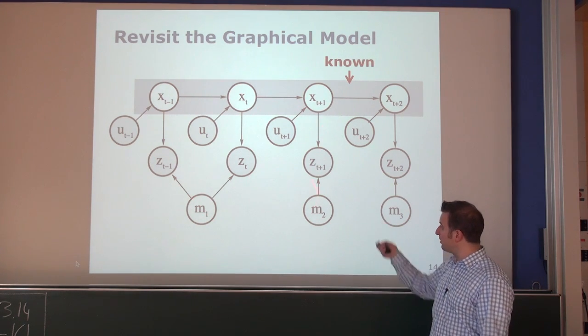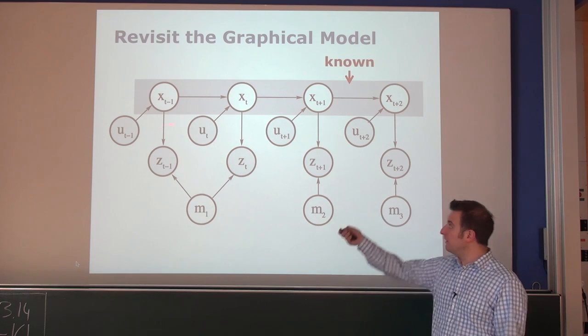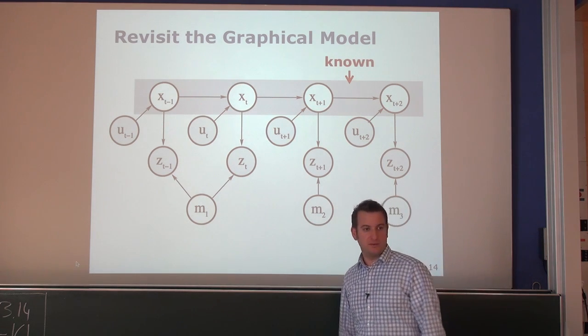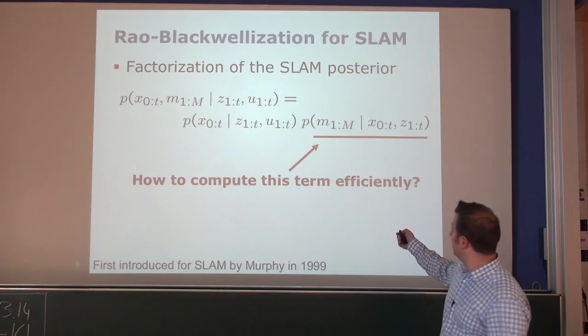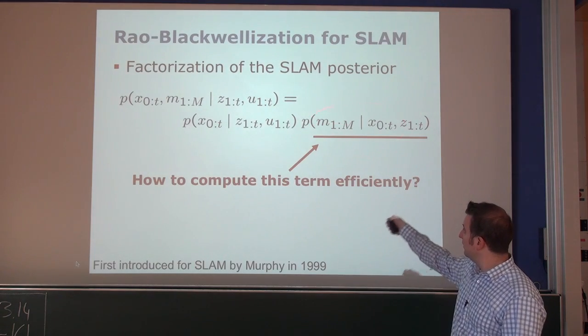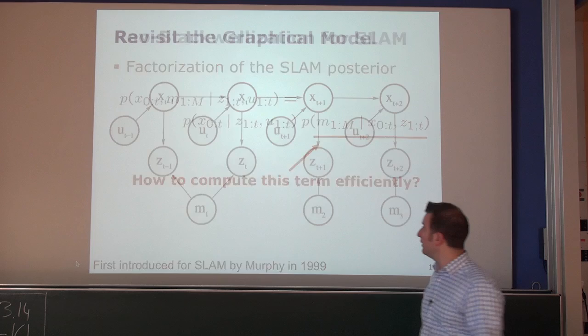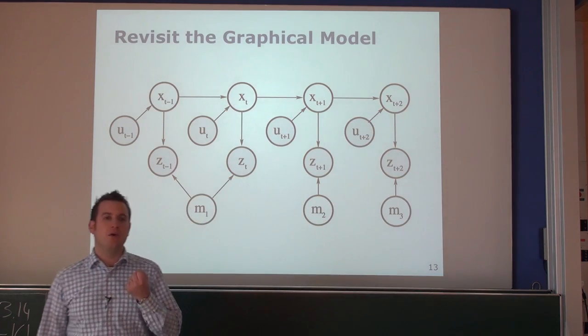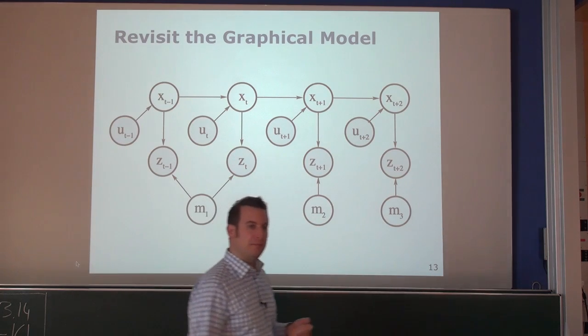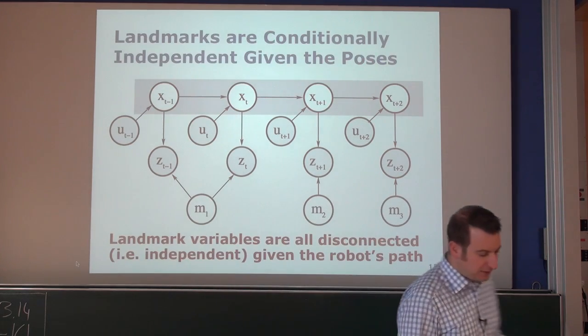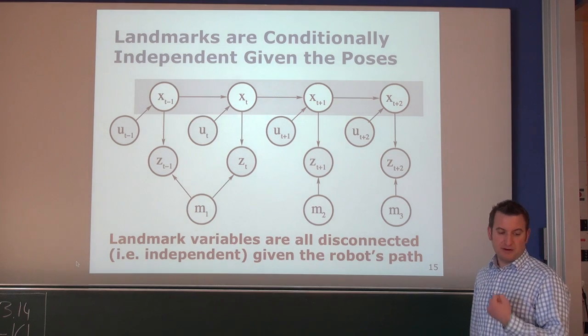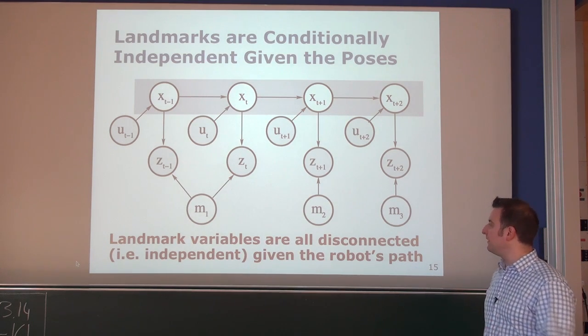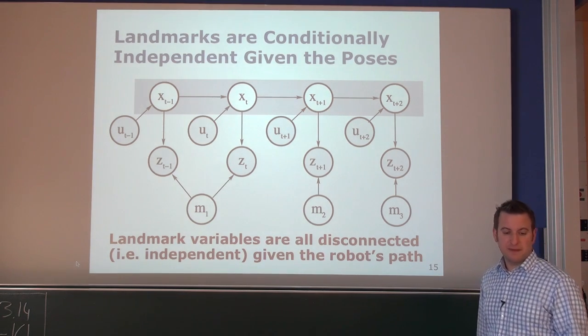There's no path from one landmark to another landmark given I know the poses. So for this posterior over here, I can say all the landmarks are independent of each other because I know where the system was at every point in time. The landmark variables are disconnected, so they're independent given the robot's path.